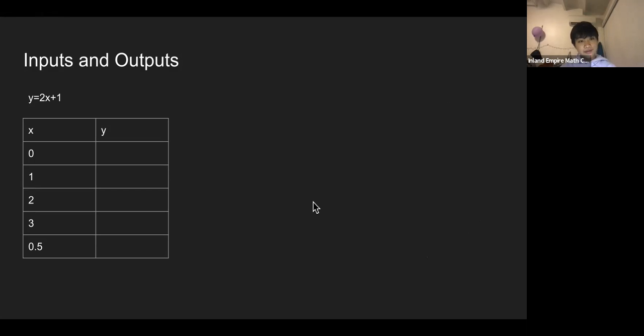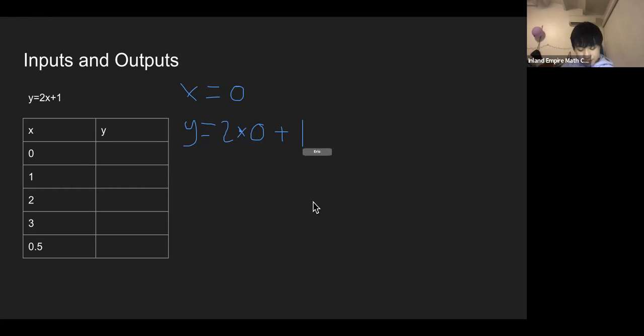Okay, well, it is kind of complicated, but if we just take y equals 2x plus 1, then if x equals 0 here, we get y equals 2 times 0, plus 1.